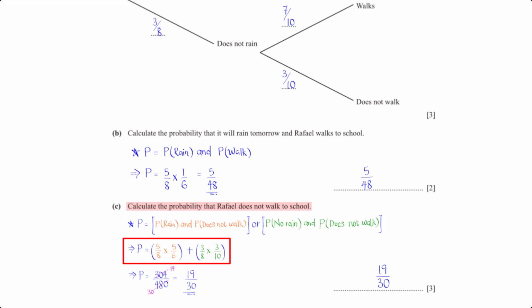The probability that he does not walk to school given that it rains is 5 over 6. The probability that it does not rain is 3 over 8. The probability that he does not walk to school given that it does not rain is 3 over 10. When we type this into the calculator, we get 19 over 30.